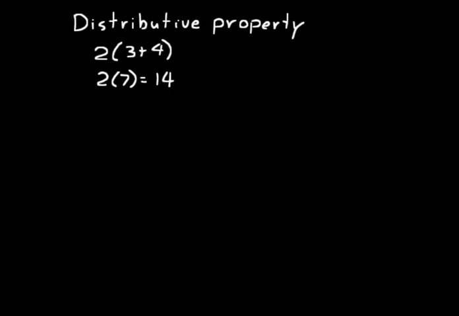Remember what that is? You distribute the 2 over the 3 and the 4. The distributive property of multiplication over addition. And so you would say 2 times 3 plus 2 times 4, which equals 6 plus 8, and that is 14 again.